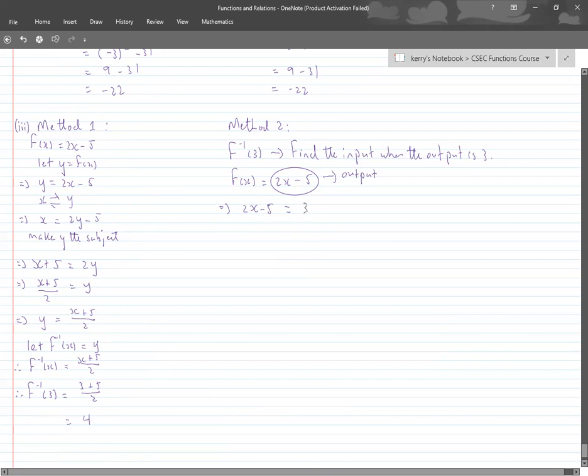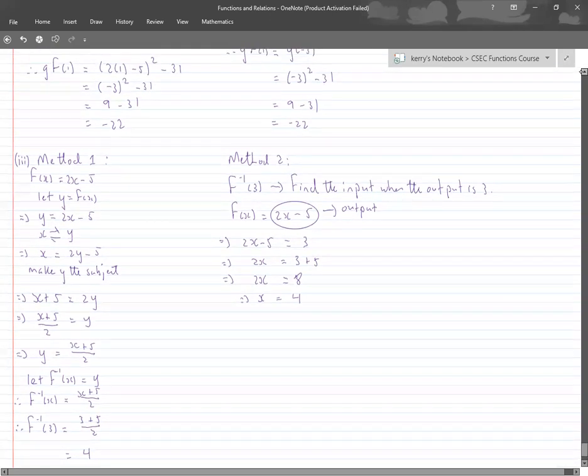So if we do the same as before, you add 5 to both sides, you will get 2x is equal to 3 plus 5, which is 8. So you get 2x is equal to 8. And then lastly, this will give you x is equal to 8 divided by 2, which is 4, which is the same answer as here.